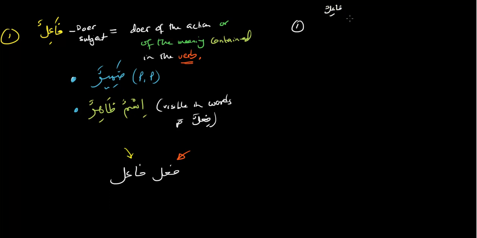If the fa'il is zahir mu'annas haqiqi, that means you can see it, it's a female, mu'annas haqiqi.